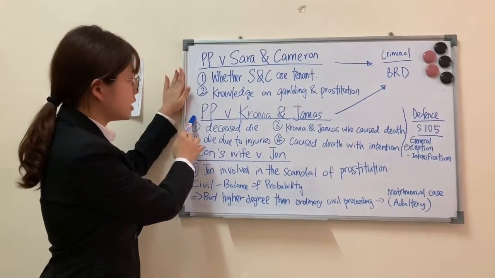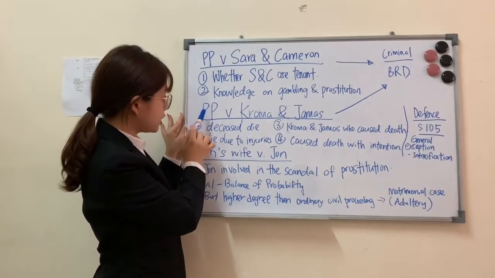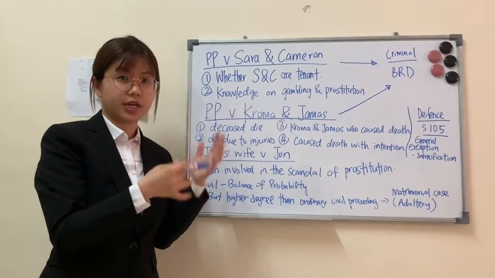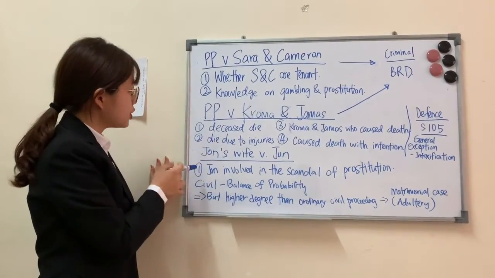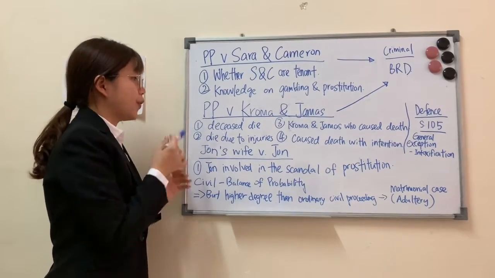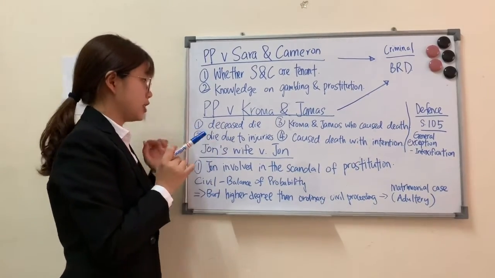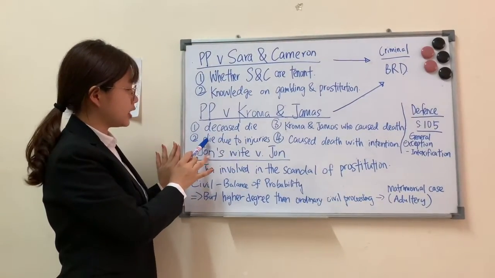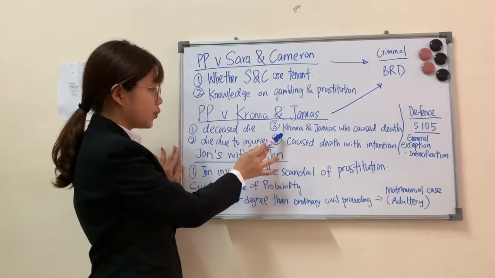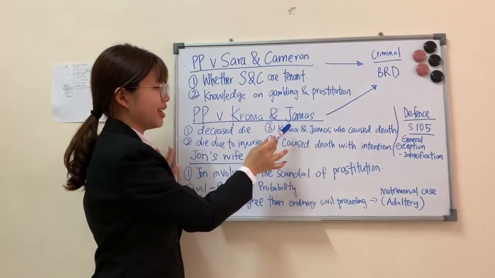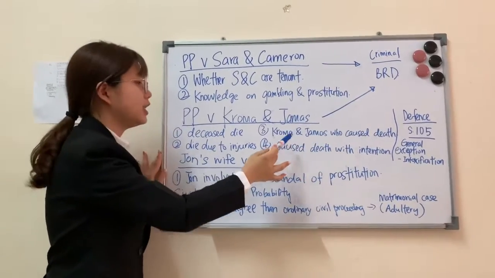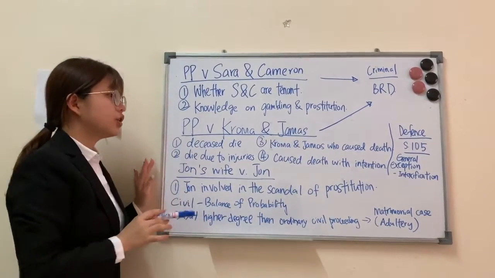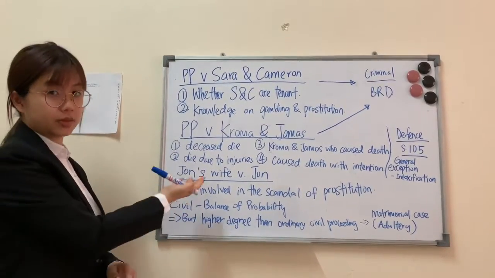Moving to the second scenario, which is public prosecutor versus Chroma and Jamas. This is also a criminal case where a murder is involved. The public prosecutor has to raise four facts in issue in this scenario: first, whether the deceased has died; second, whether the deceased died due to injuries; third, whether Chroma and Jamas are the ones who caused death; and the last one, whether Chroma and Jamas caused death with intention. So the public prosecutor has the role to raise up the case.